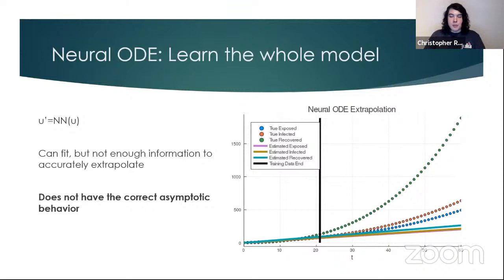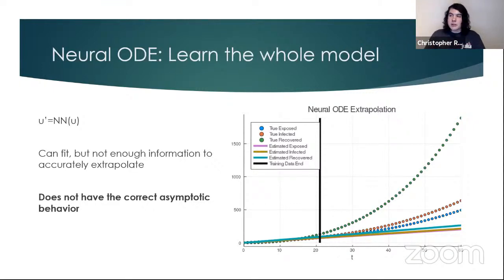It's a function. But since we don't know what the function is here, or at least we're saying, let's try to recover the function directly from data, we can approximate that function with a neural network under some parameters, find the parameters such that it fits the best, and that gives us the neural ODE, right?